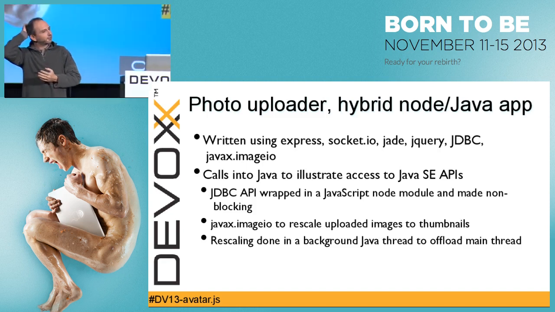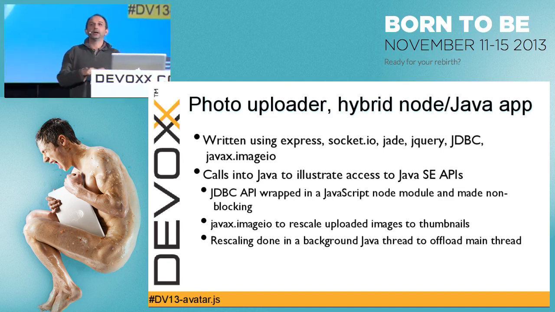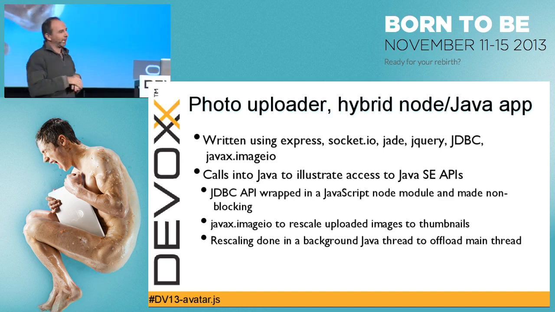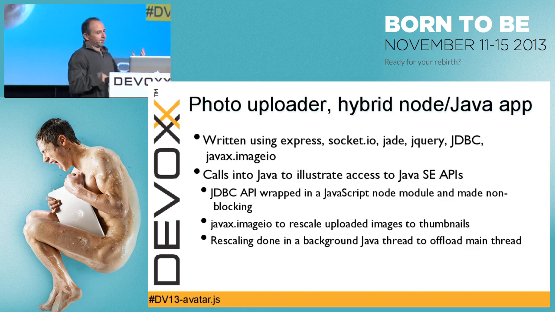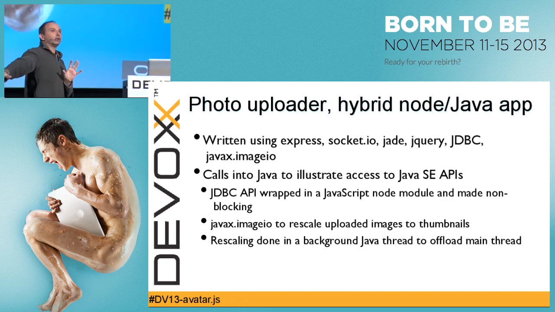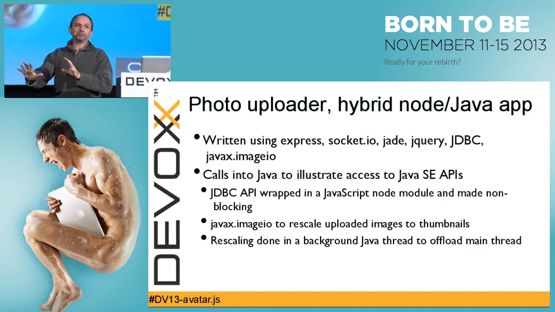So the use case we have defined is a photo uploader. A user uploads pictures on a website. The web will store images on a relational database, and will generate thumbnails.